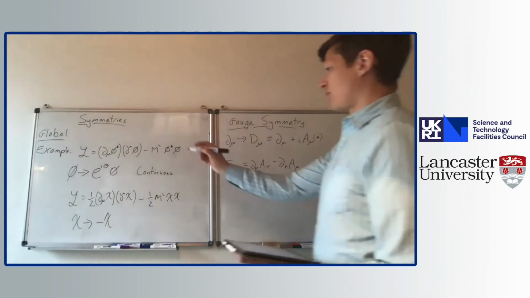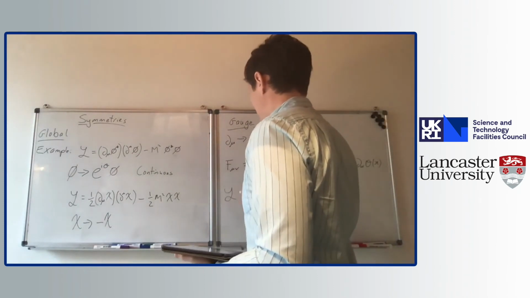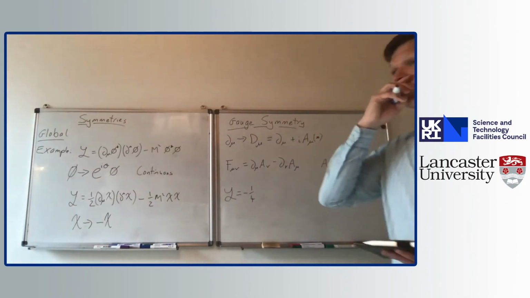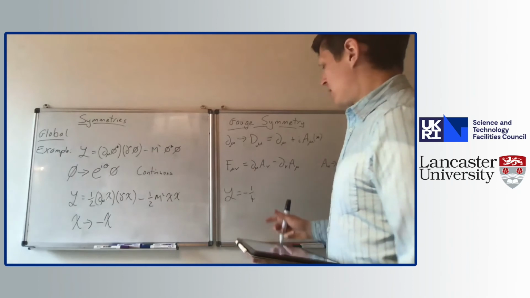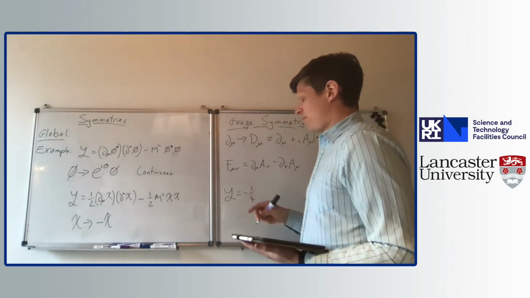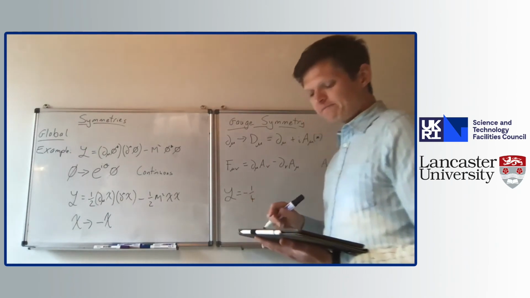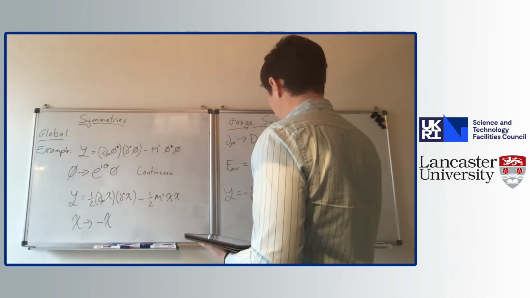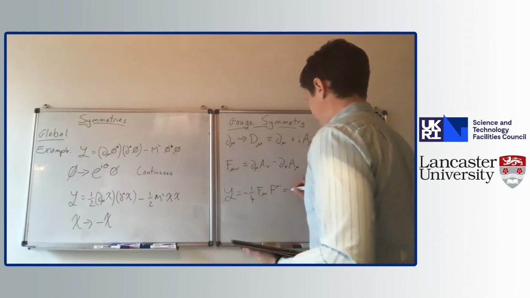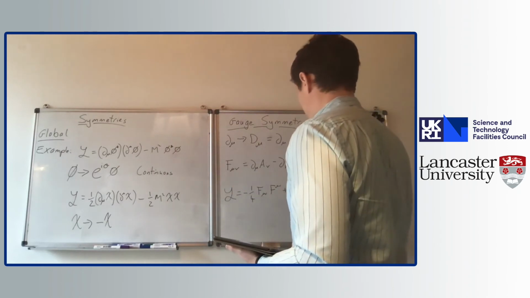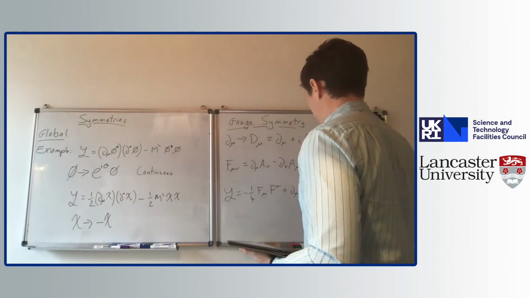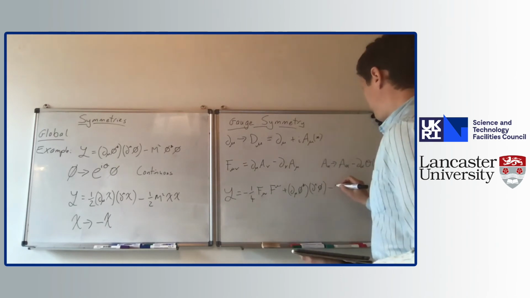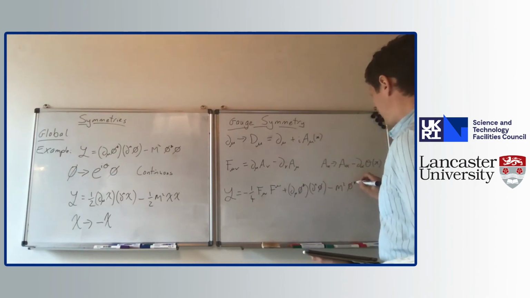And indeed, you can now write a fully invariant action, which would be L equals minus 1/4, which we use as a sort of convention for the normalization. Sometimes you also see other objects in here like the gauge coupling, but we're not going to use it today. F mu nu F mu nu, and then the old Lagrangian plus d mu phi star d mu phi minus m squared phi star phi.